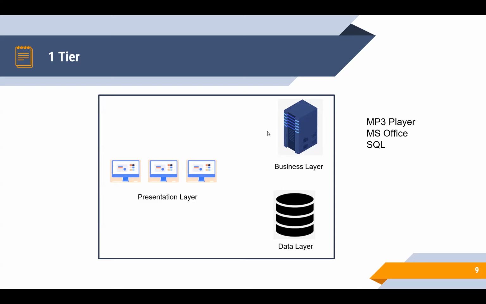The Excel formulas, the UI and the software itself, you are using in one machine only. So this is the best example of a one-tier system, one-tier software. So MS Office is the example of what? This is the example of the one-tier architecture of software development.